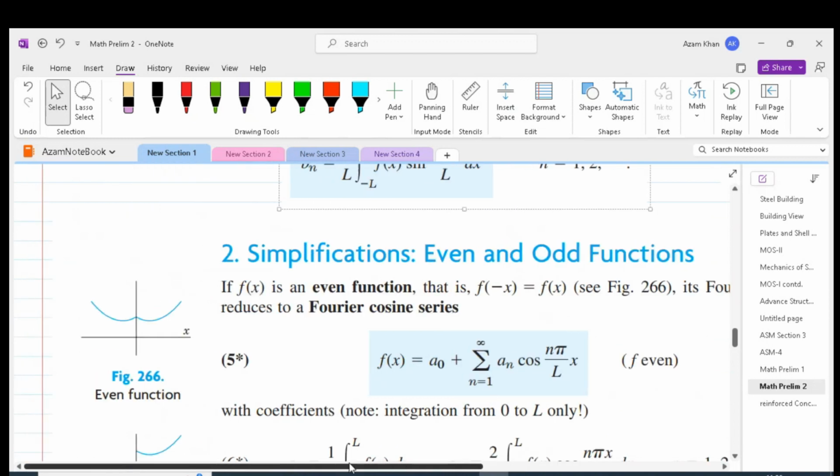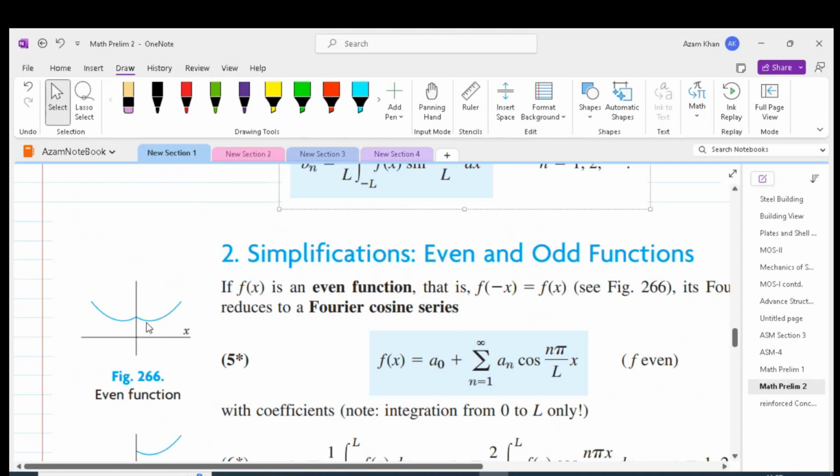In other words, the even function looks something like this. So if we put a negative value of x in this function, we will always get a positive value, as we can see. So this function is a mirror image of itself, and this function keeps on repeating at equal intervals.